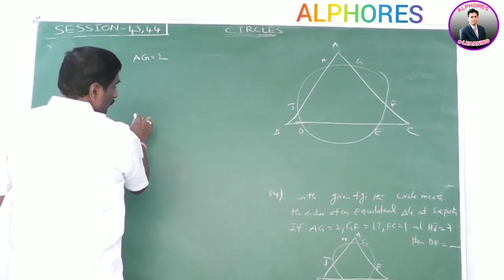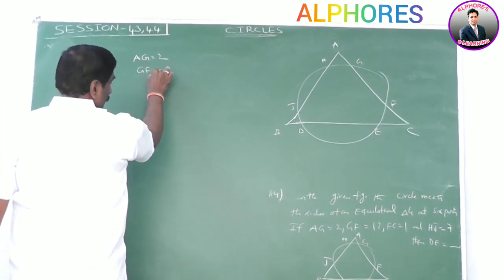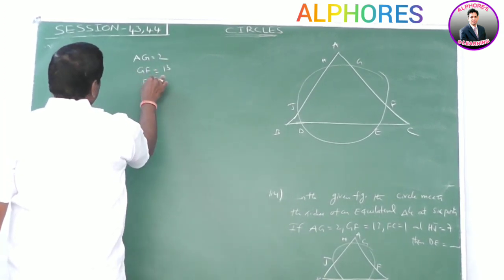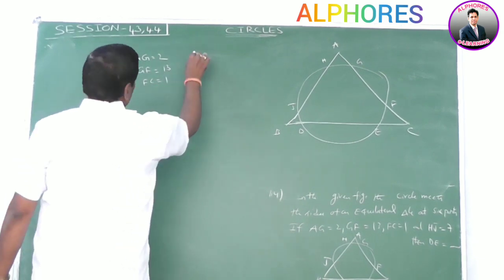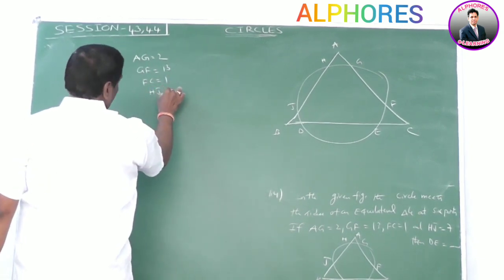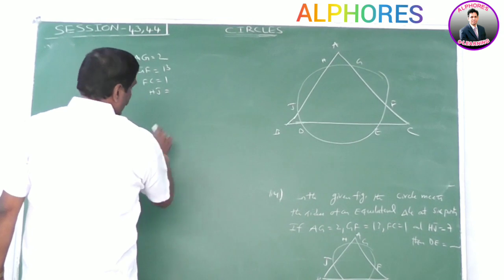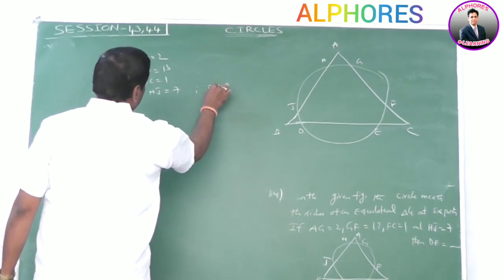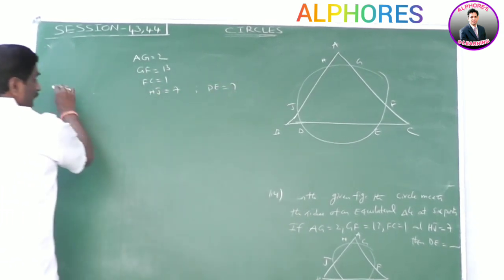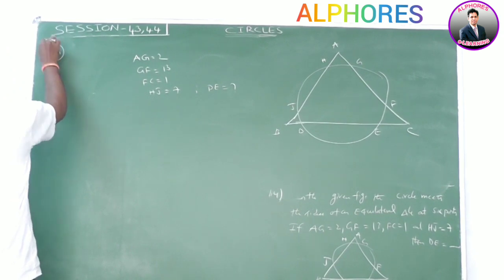AG is equal to 2, GF is equal to value 13, FC is equal to 1, HG is equal to, HJ is equal to 7. Now the required value is D. Very important this also. 14th question, very important.